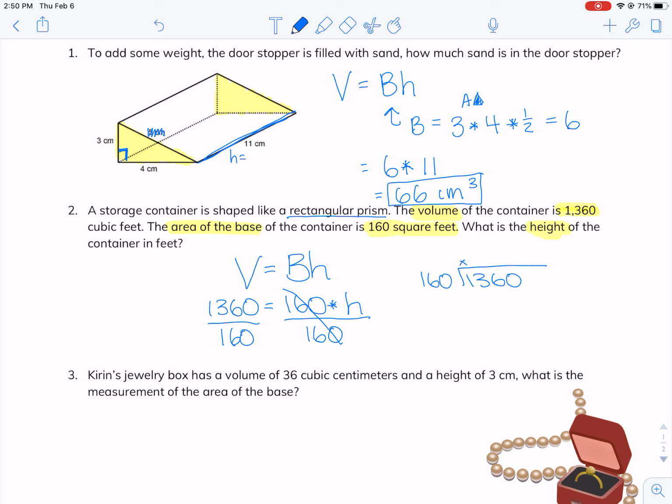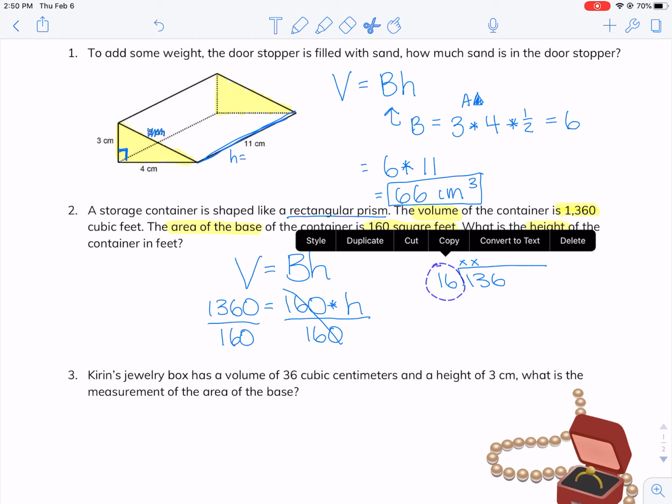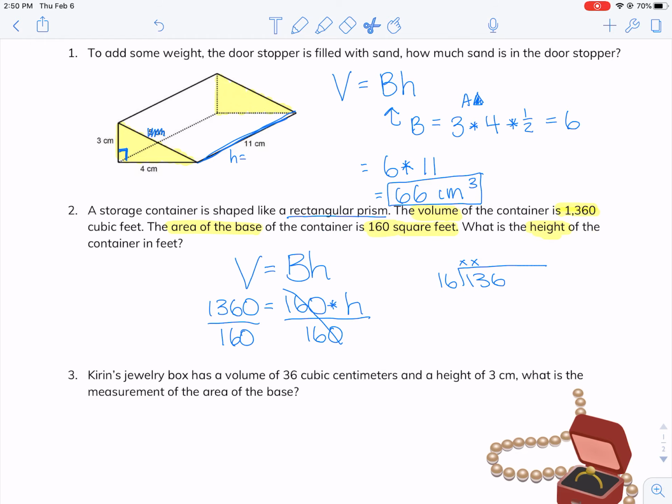I know it doesn't go into 1, 3, or 6. And if you also want to make this easier, we can actually take out the zeros, and now we can do 16 going into 136. So it still does not go into 1 or 13, but I know that 16 can go into 136.